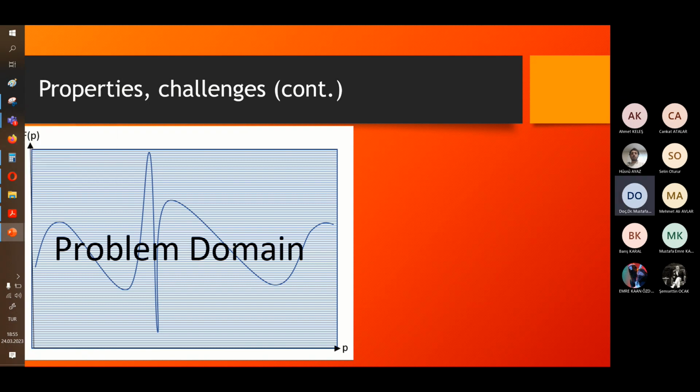The whole space in here is called the problem domain. Even though it has been shown in 2 dimensions, actually, since there is one parameter affecting the problem, our problem domain is 1-dimensional. Actually, it should be traced in here, but rather than showing in 1 dimension, I have given you 2 dimensions, but don't forget that actually we are talking about a 1-dimensional problem, since the problem has 1 dependent variable.